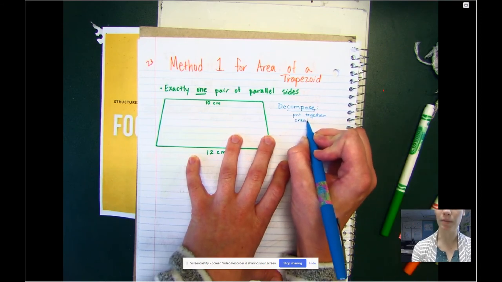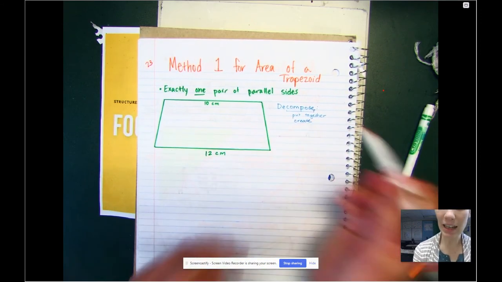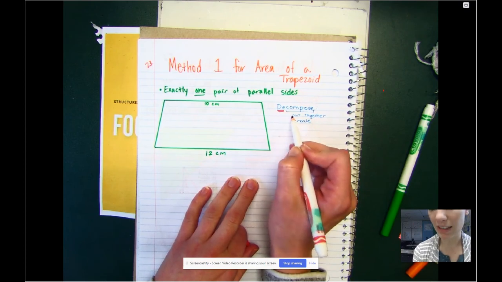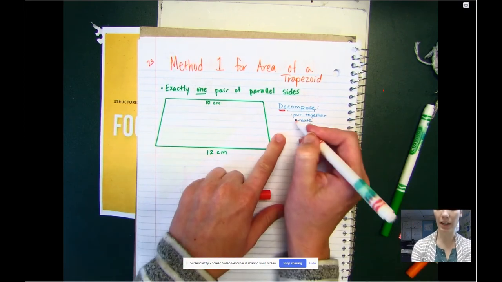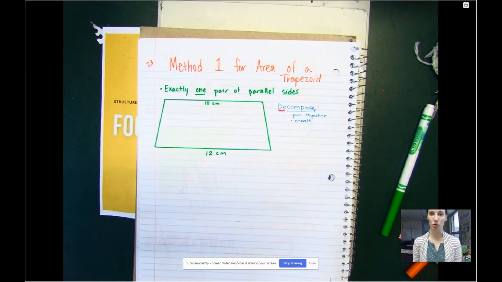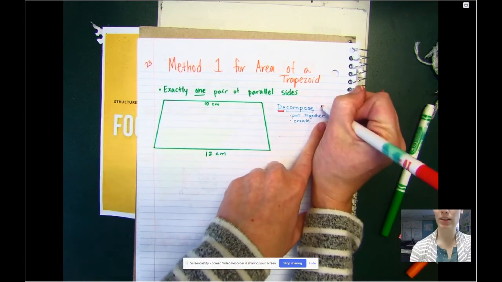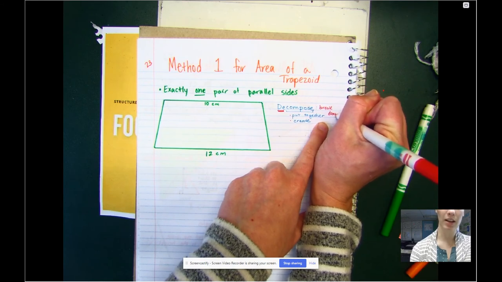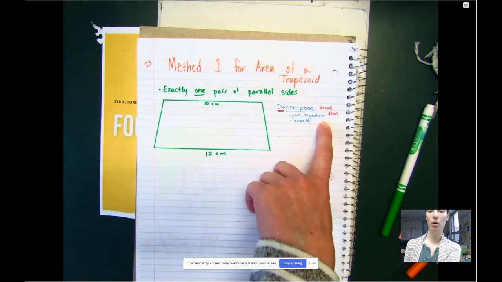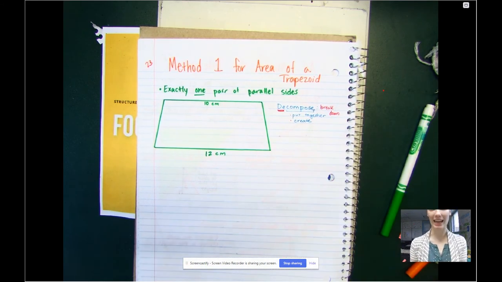So decompose is the opposite of putting together. So it's breaking apart, or it's the opposite of creating, it's destroying. So decompose means to take this figure and to break it down into smaller figures, kind of like if something is decomposing in the forest, it's breaking down into smaller pieces.